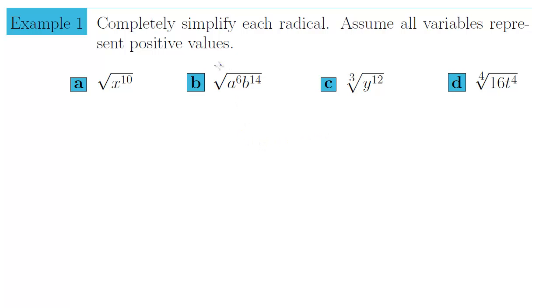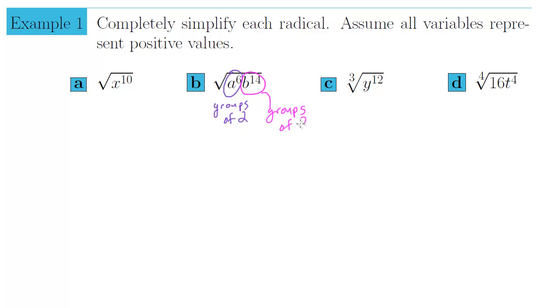But in the end, the square root is going to break those 6 factors of a into groups of 2 and pull out a single factor for each group of 2. So we need to break these 6 factors of a into groups of 2. And then we need to do the same thing with b. We need to break these 14 factors of b into groups of 2.